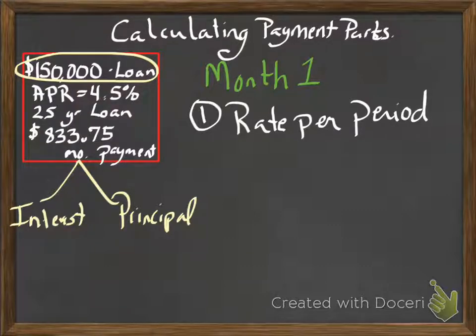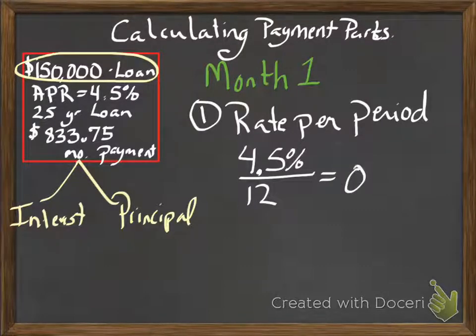We have 4.5% divided by how many payments per year? Making monthly payments, 12. And so that comes up with 0.375%, or 375 thousandths of a percent.